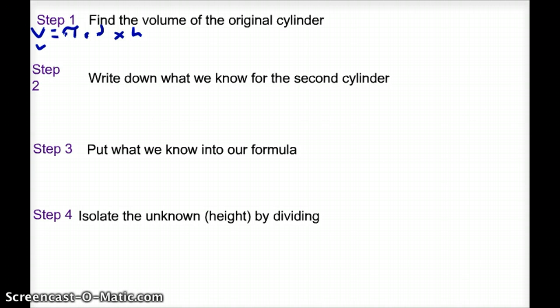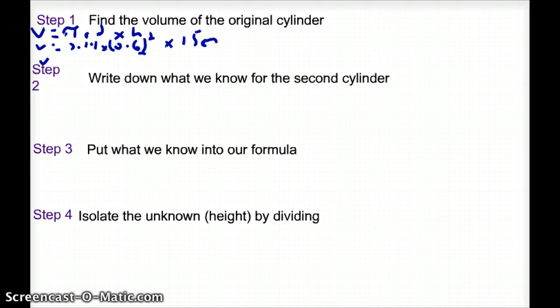In this case, the volume is 3.14, which is pi, times 0.6 squared times 15 meters. Sorry, I forgot to add my unit there, meters. It's a little bit messier here.